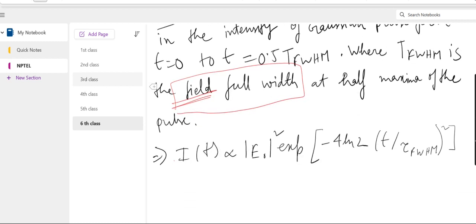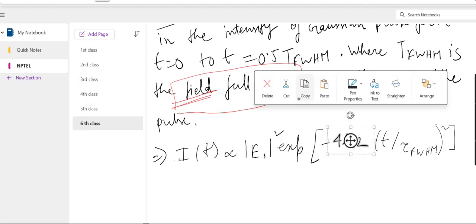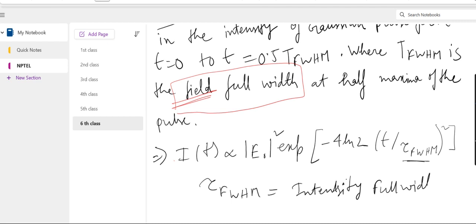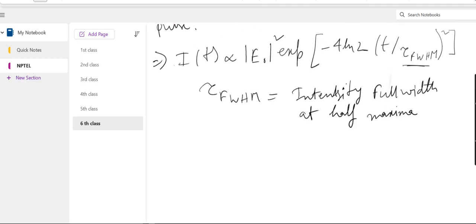Here we need to remember that this tau FWHM is the intensity full width at half maximum. Now we are given T FWHM is the field full width at half maximum.